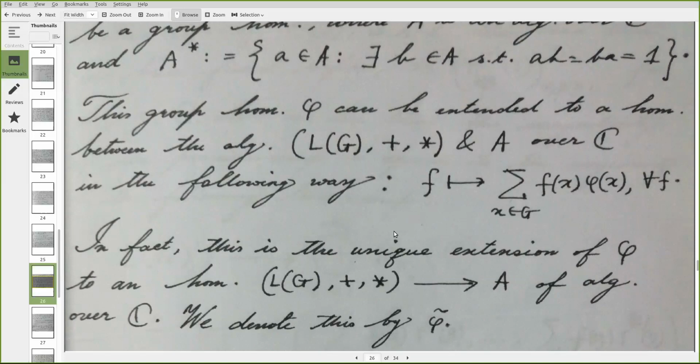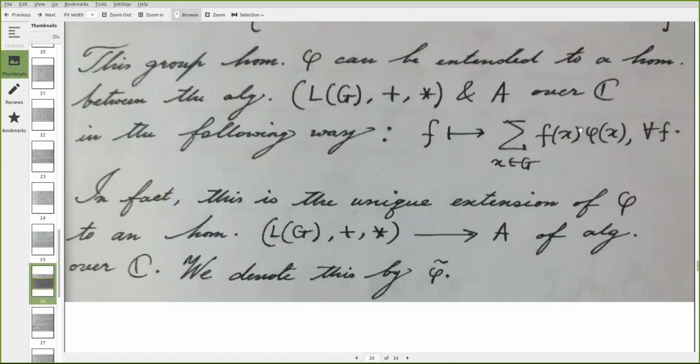If I define the following map for every f, that establishes a homomorphism from LG to A, and in fact it extends phi, because x goes to e_x. In this way, G is contained inside LG.